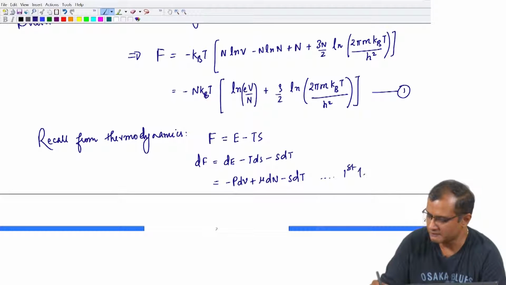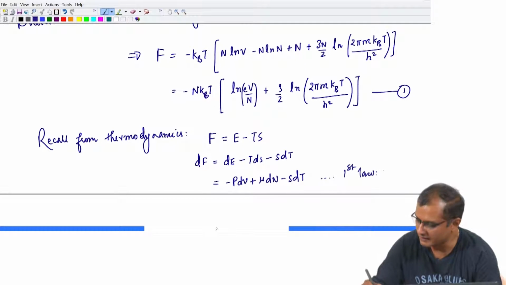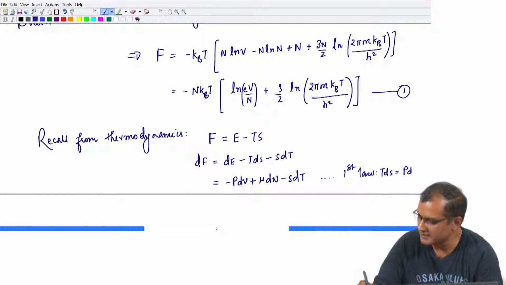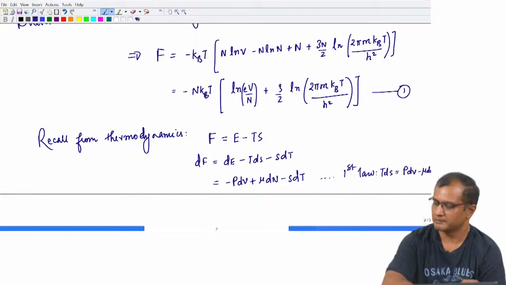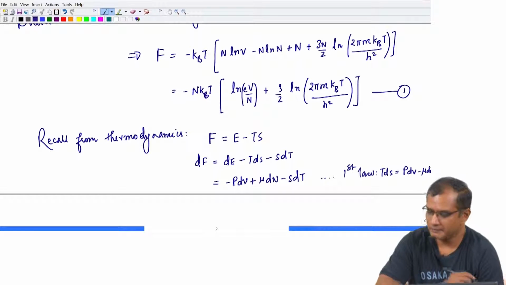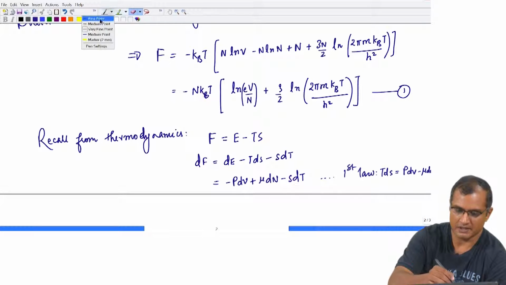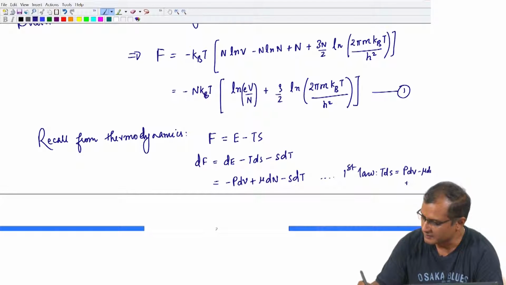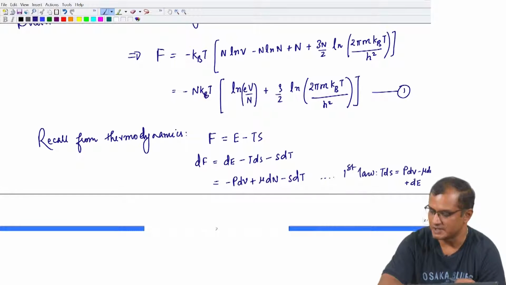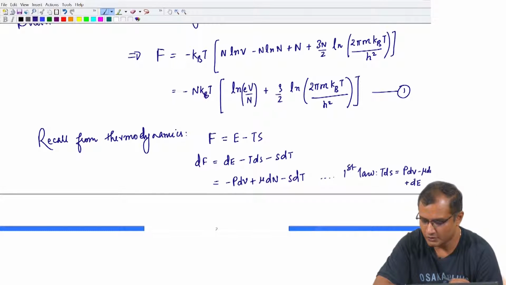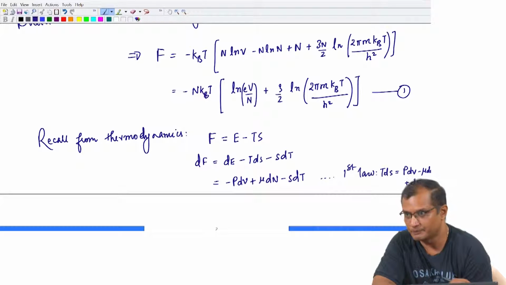So, if you recall the first law of thermodynamics, we can write down the heat given to a system as work done by the system minus mu dN, and there is also change in internal energy, so plus dE. So, if you write dE minus T dS, it is minus P dV plus mu dN.